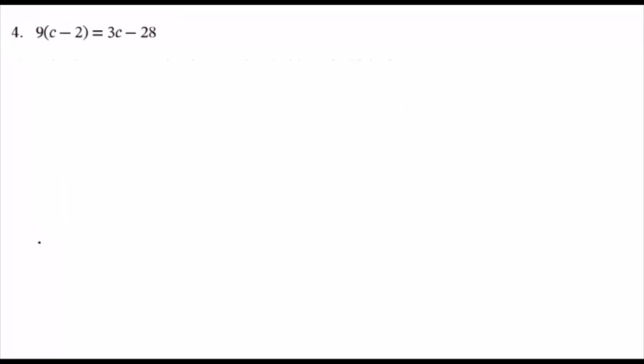Number 4, they have 9 times the quantity, c minus 2, is equal to 3c minus 28. So the first thing I look at is the coefficients on the other side of the equation. Should I be distributing that, or can I divide it out right away?